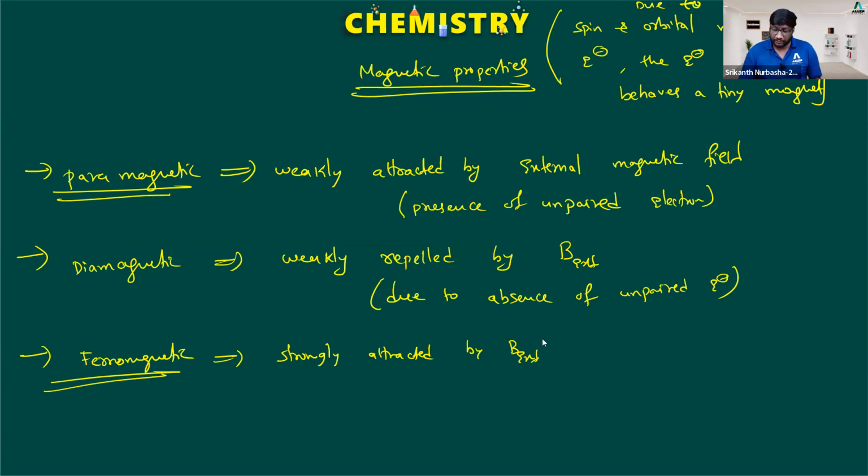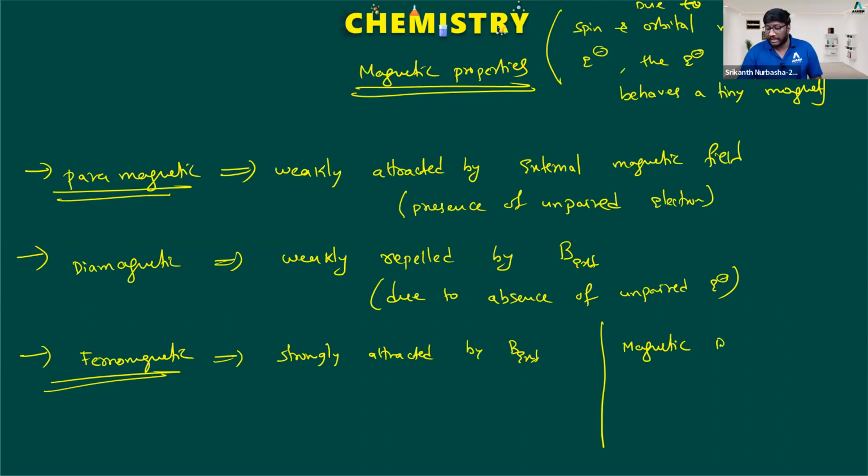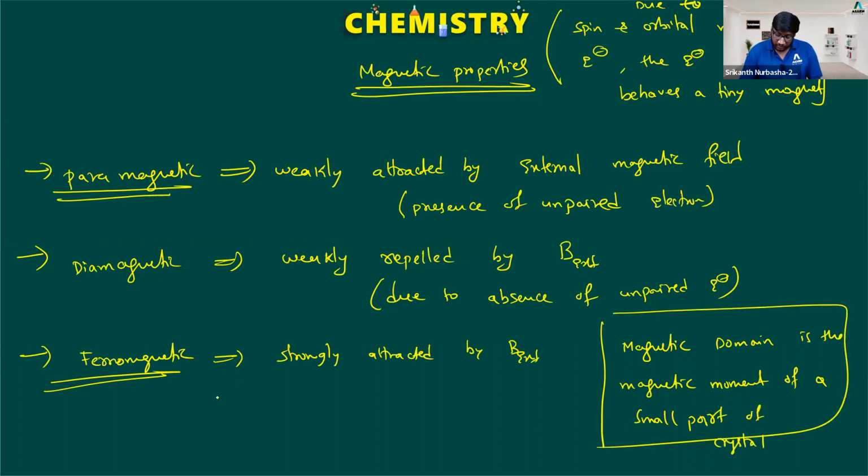What is a magnetic domain? Magnetic dipoles. Okay, can I say a magnetic domain is the magnetic moment of a small part of a crystal? In the absence of B external, how are the magnetic domains arranged? They arrange in different directions.